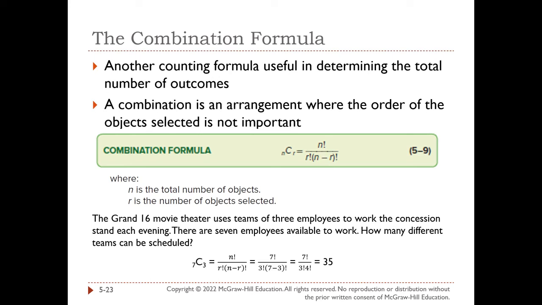So, we have our 7, which is our N. So, again, we would count down 7, 6, 5, 4, 3, 2, 1. We'll get our top number. And then we'll have R factorial times N minus R factorial, which is 7 minus 3. So we have 3 factorial times 4 factorial.